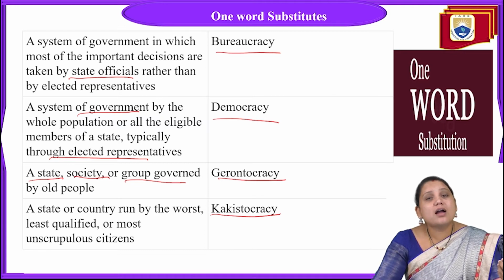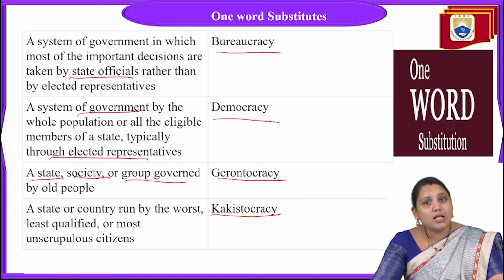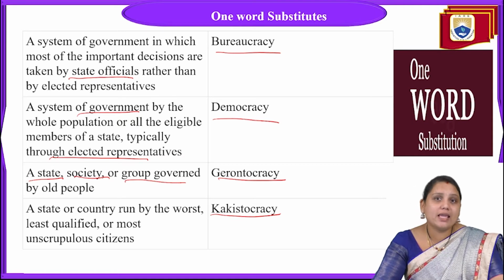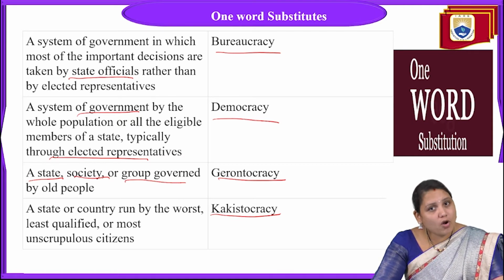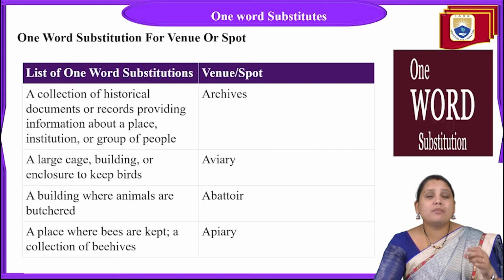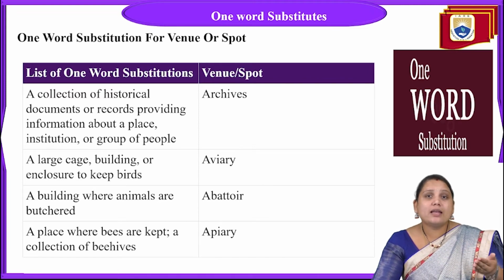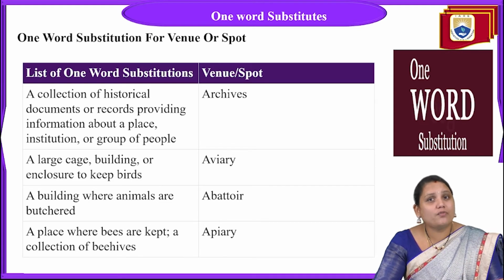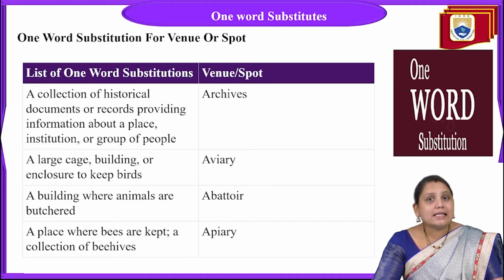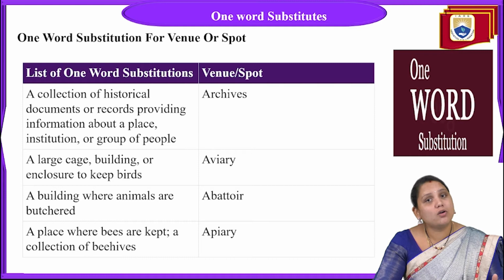That is a country which is ruled by the most ineligible people, people who do not know any culture or who are not eligible to be leaders but are ruling the country. Okay, so these are all the terms which can be used for governments or systems, and you can replace these phrases with such one word substitutes to cater to the need of your conversation and help in developing your conversations.